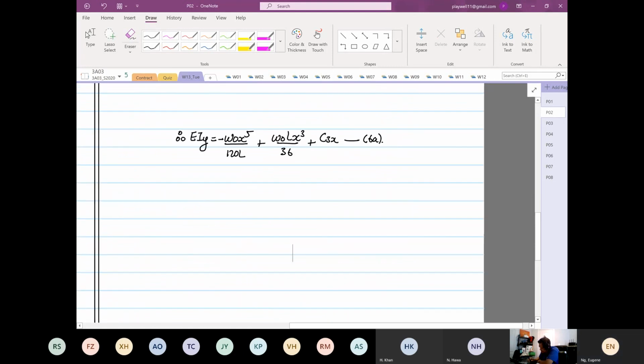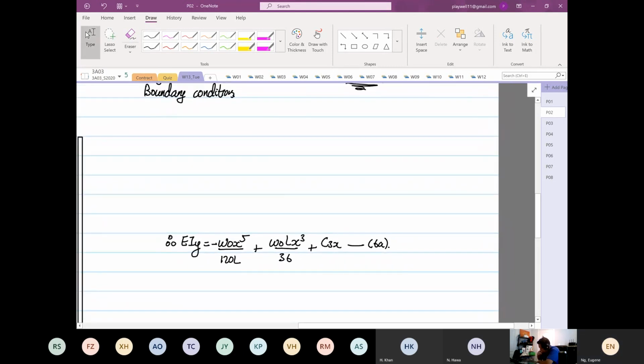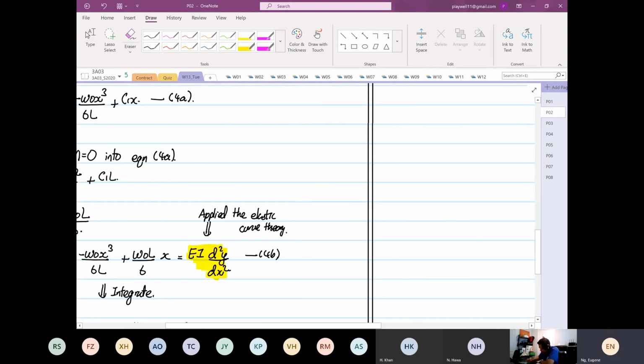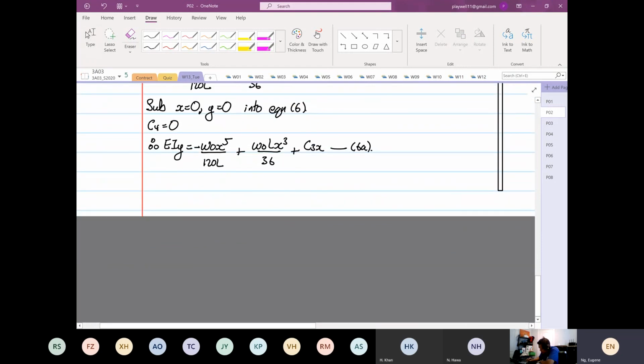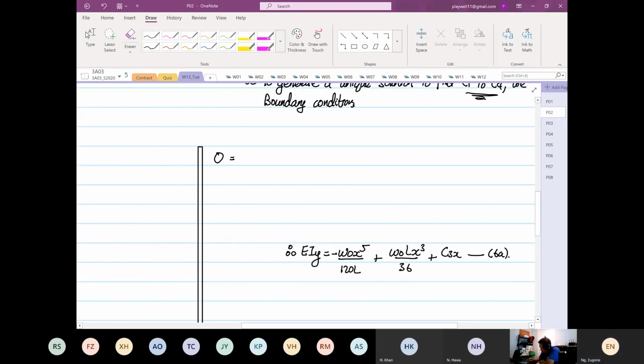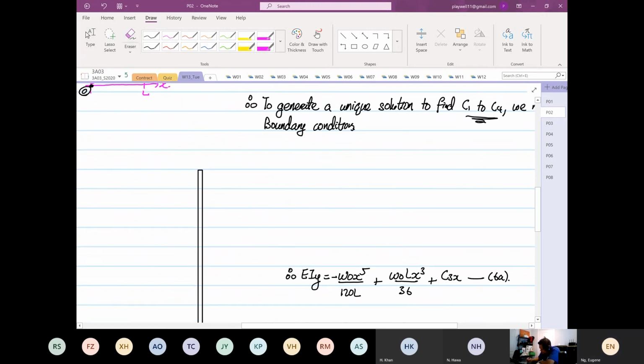So therefore, this is equal to 0. Did I say we're going to substitute the boundary condition? Oh no, not yet. So we're going to substitute x is equal to L, y is equal to 0 into equation 6a.